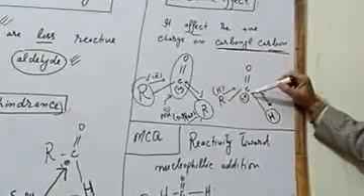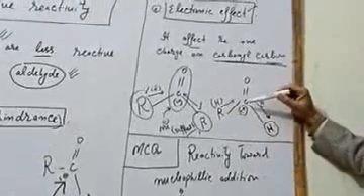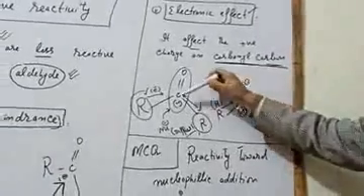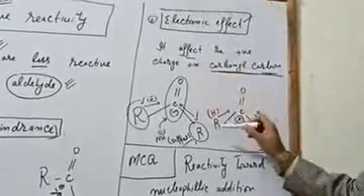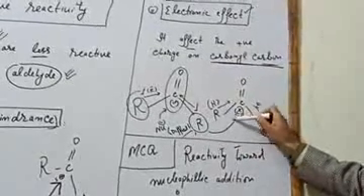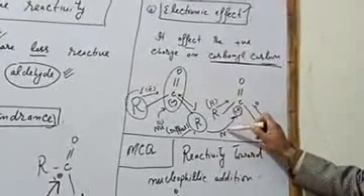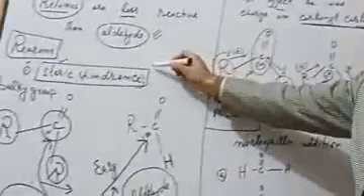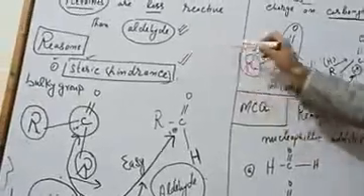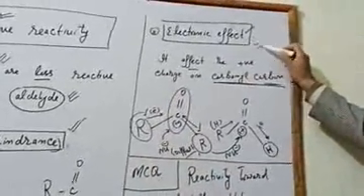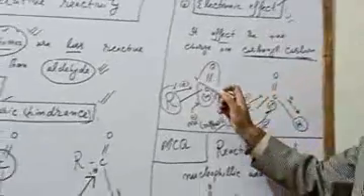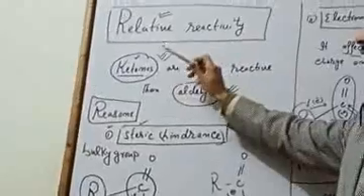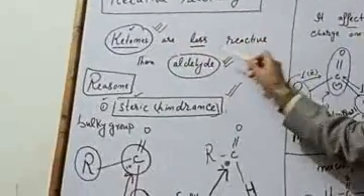Therefore, the positive charge on the carbonyl carbon will not be reduced to that much extent as it is in ketone. Therefore, here the attack of the nucleophile will be easy. So due to these two factors, steric hindrance and the electronic effect, in general, aldehydes are more reactive than ketones, or ketones are less reactive than aldehydes.